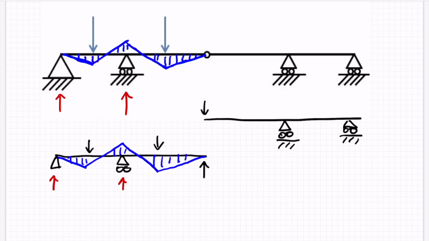I know that's correct. And now let's look at the right-hand side here. We had a shear force at the pin, which is equal and opposite to that shear force there. We can take rotations. Okay, so we still don't know these reactions yet, so we need to find that out.